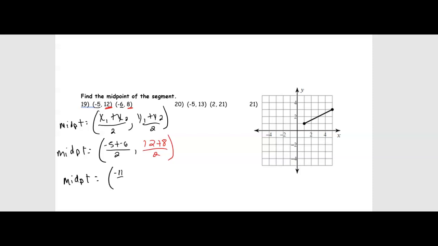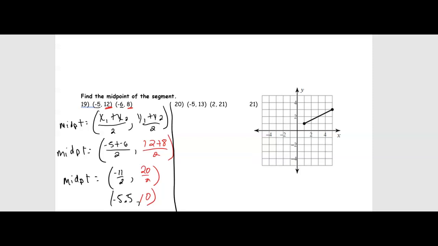So this would be -11 over 2. This would give you 20 over 2. So our midpoint x would be -5.5. You could leave this as a fraction if you wanted, but as a decimal it's -5.5, and then the y coordinate would be 10. Okay, same thing here.